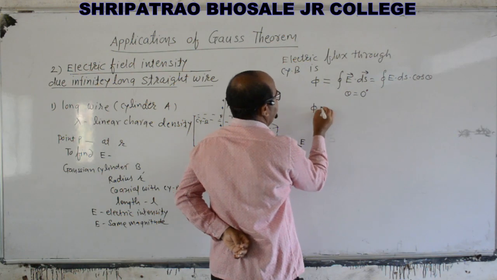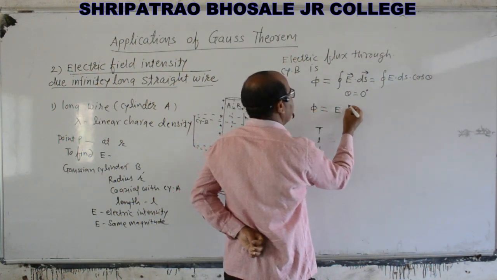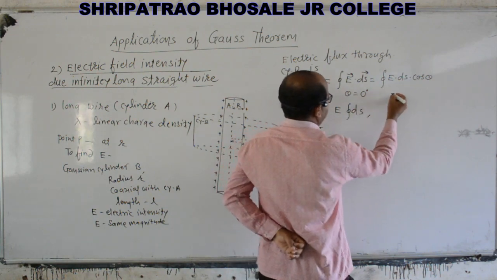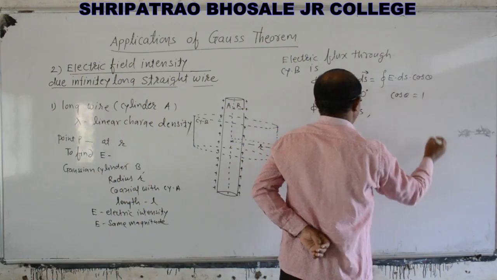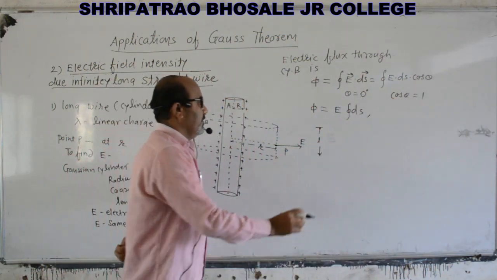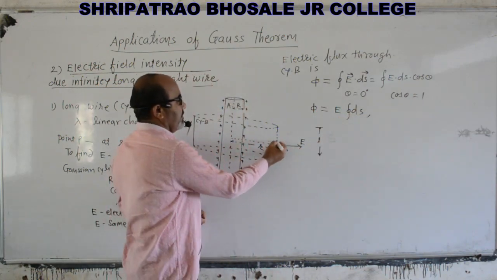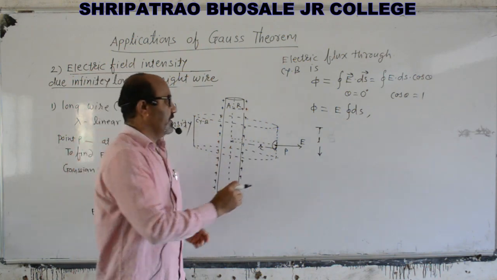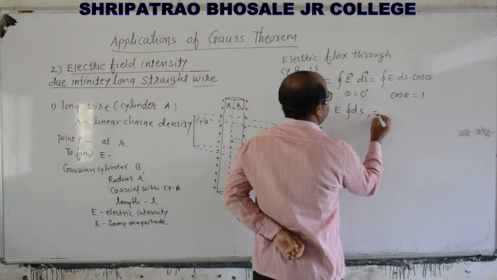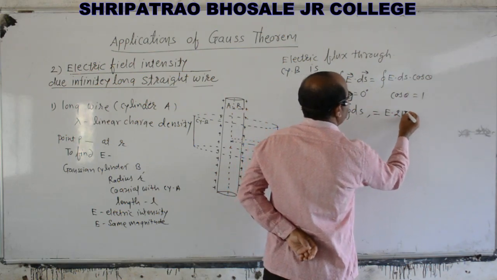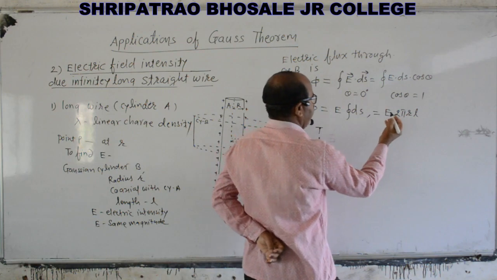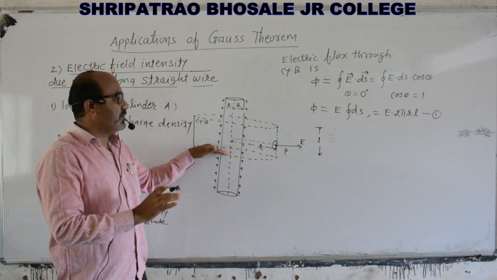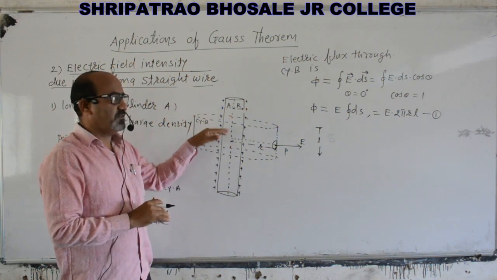So we can write phi equal to E, which is constant, times closed integration of ds, because here cos theta is 1. If you consider all ds, you will get the total curved surface area of the cylinder. So it is equal to E into 2 pi rL. This is equation first. As the plane faces are parallel to the electric field intensity, no flux passes through them.